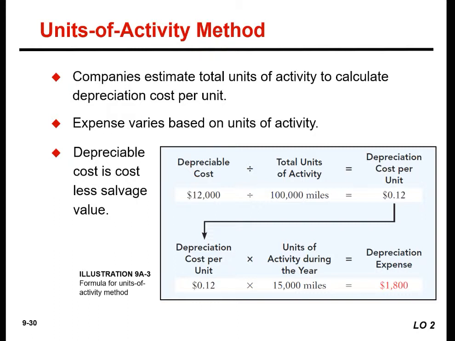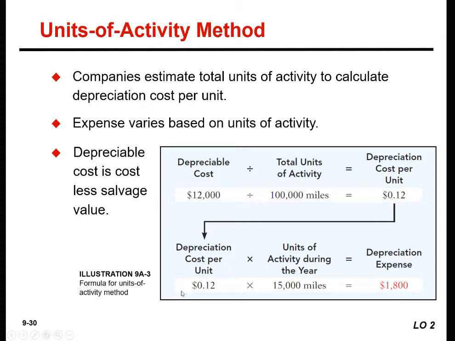Under units of activity depreciation, the amount of depreciation is proportional to the activity that took place during that year. So to determine what that depreciation cost is, we take cost less salvage for depreciable cost. We divide it by the estimated total units of activity expected from that asset over its entire useful life to give us a cost per unit.